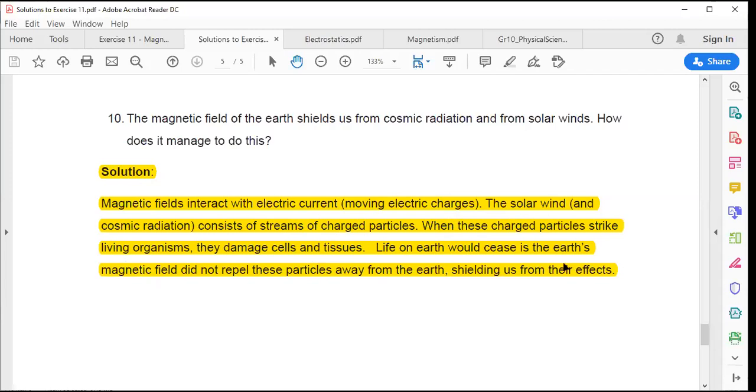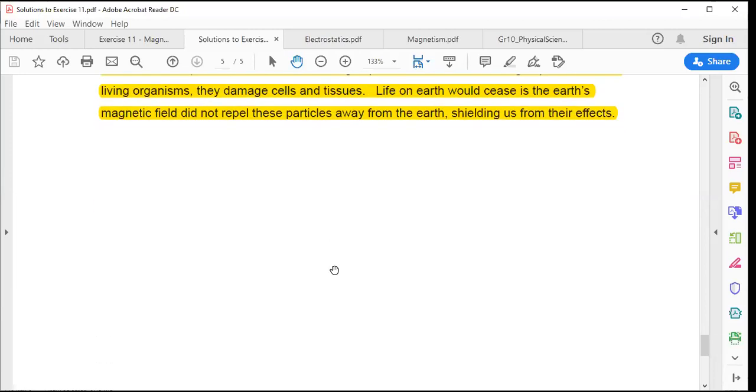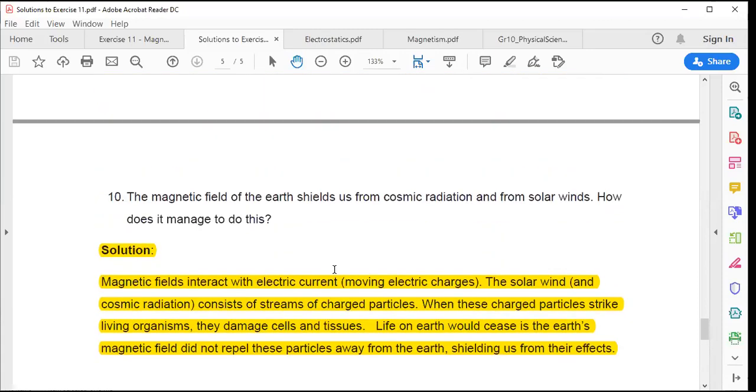What is going to happen? The particles that are coming are charged, and the magnetic field will repel those, because a magnetic field always repels charged particles. There could be different ways that you could answer this. This is just maybe one way. So that will be question number 10.